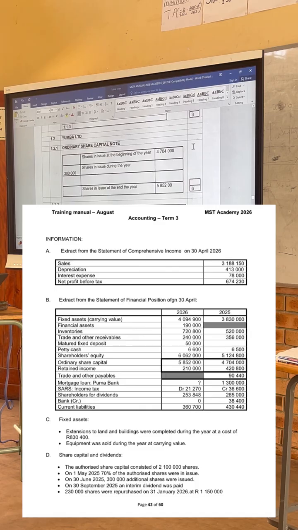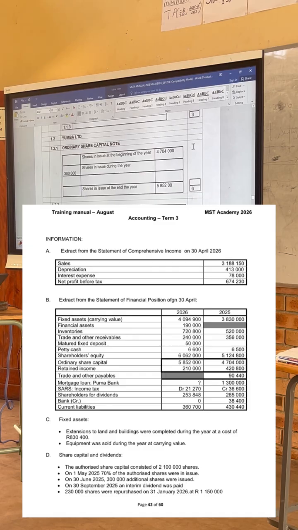So that's our, now, learners are advised to use the information that is given there from our answer book. Because now if we're going to say shares at the beginning there, it must be not balanced. Shares issued at the beginning of the year. And then make use of the amount that is already given, which is 4,704,000.